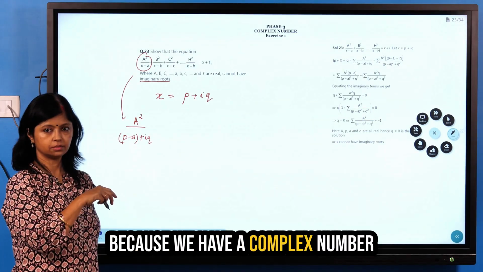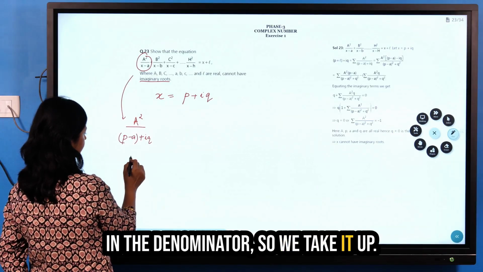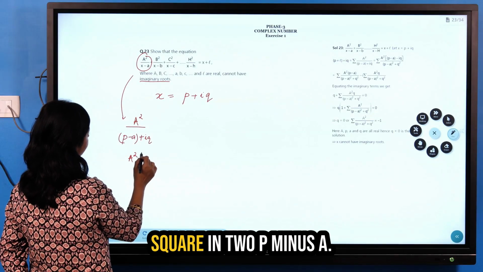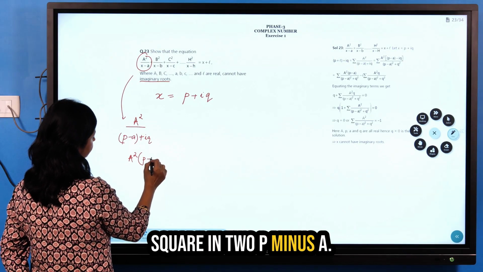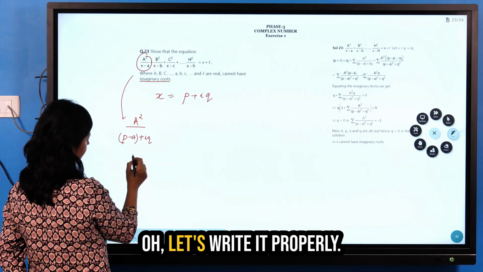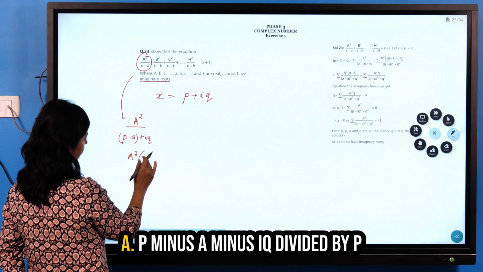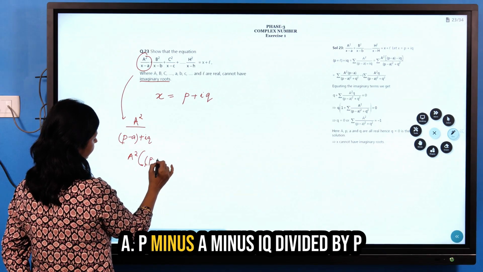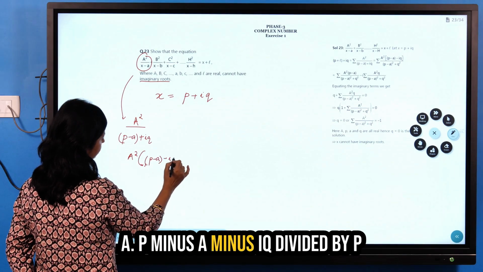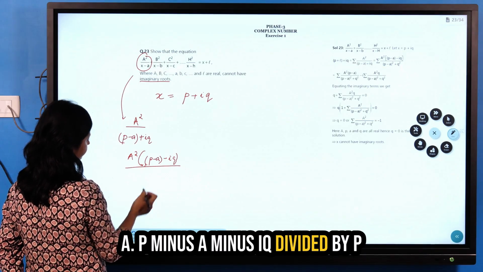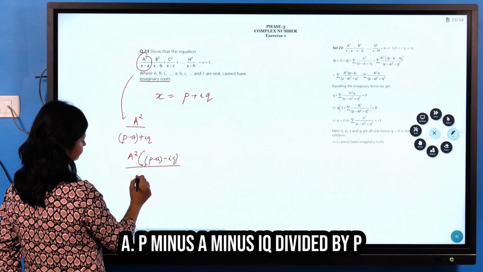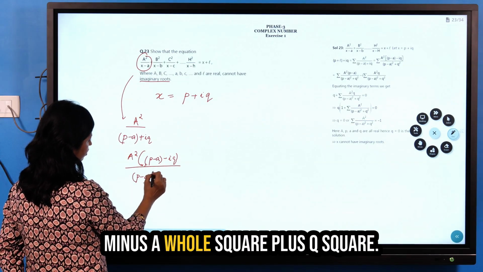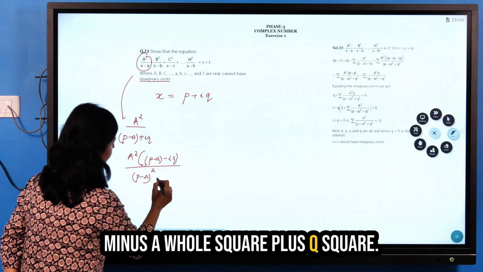Because we have a complex number in the denominator, we bring it up. So it is nothing but a square into p minus a minus iq divided by p minus a whole square plus q square.